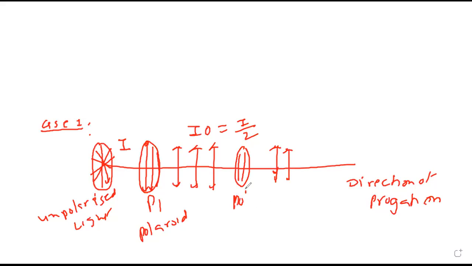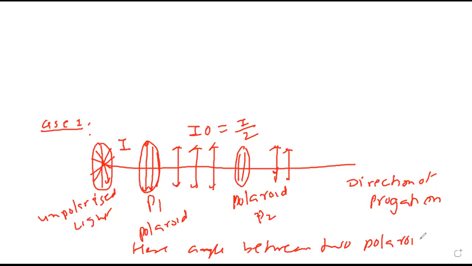This is Polaroid 2, P2. Now in this case the angle between them is 0. Here the angle between the two Polaroids is 0 degree. So whatever the intensity of light, the same will come out from the other end also. Clear? Meaning followed?